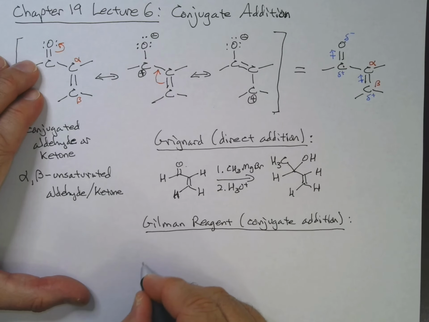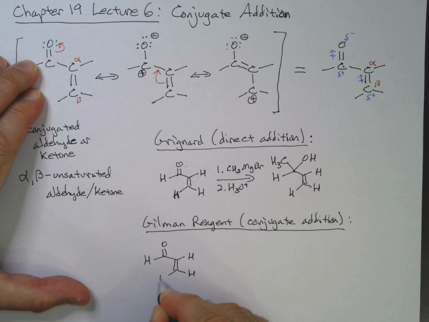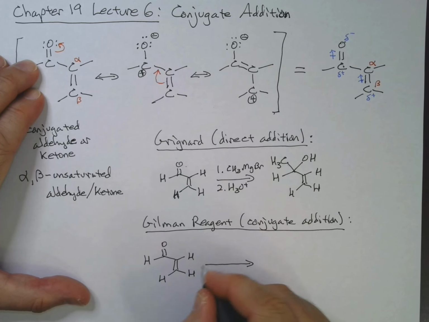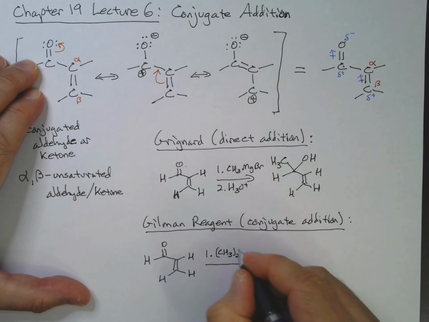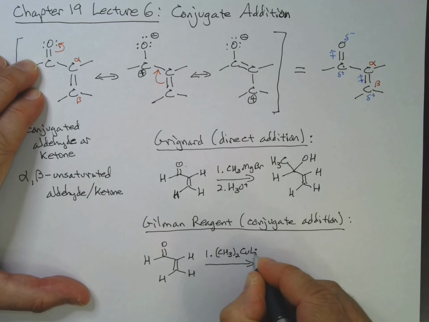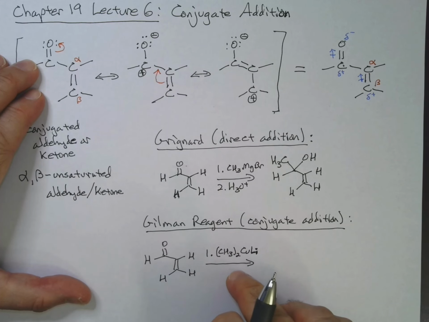So what we actually get then instead is the following. We'll treat this with a Gilman reagent. So in this case, (CH3)2CuLi. And I believe I talked about this way back in 12A, just a little bit, as another nucleophile.